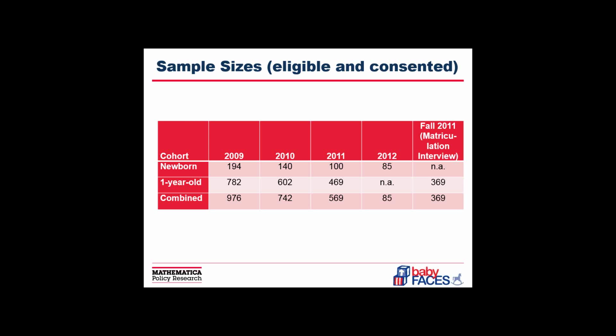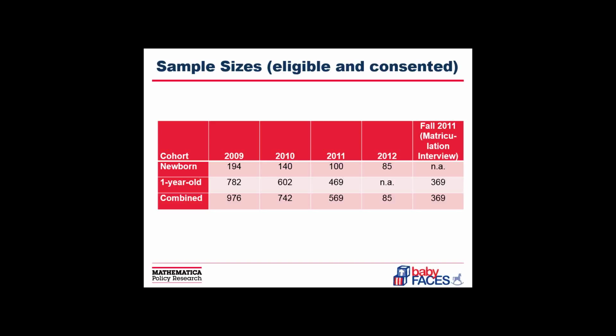Here's some more specifics about the sample sizes at different data collection waves. In spring 2009, we selected 1,217 children into the Baby FACES sample. From this sample, 109 children were ineligible, either because they were not actually currently enrolled or because their birth date fell outside of our study-defined windows.